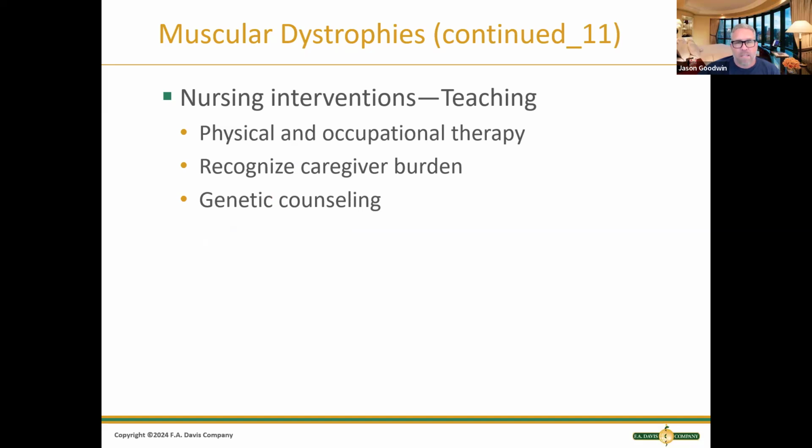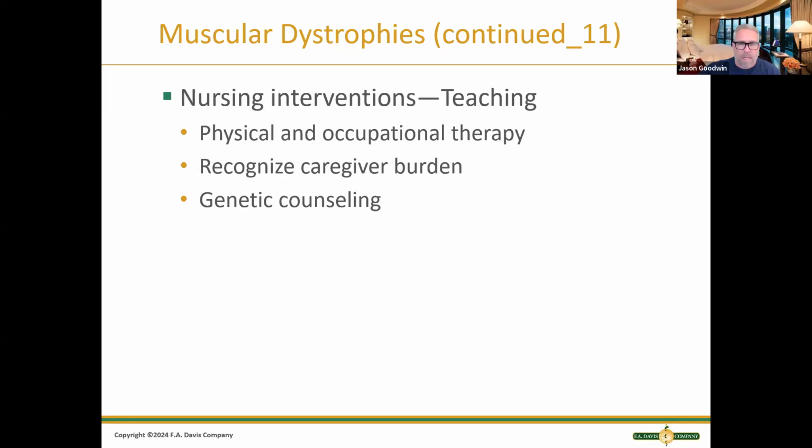You're going to assist with comfort and mobility to try to increase their activity and delay further deterioration. Family members can be very helpful in recognizing signs, and you need to recognize signs of caregiver burden. It's great that the family's involved, but it can also be very challenging on the family.